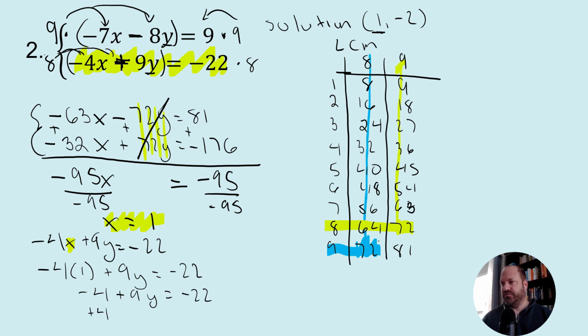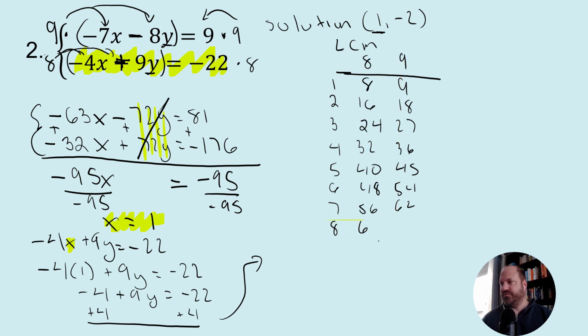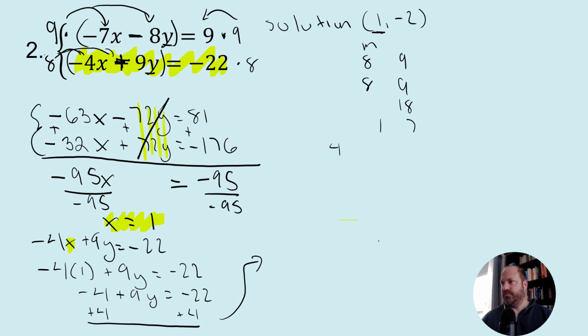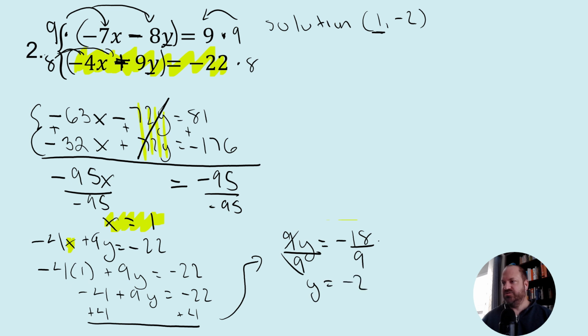Let's add 4. Add 4. Let me clean this up so we have a little bit more room over here. So I'll have 9y equals negative 22 plus 4, which gives us negative 18. Divide by 9, and we get y equals negative 2, which checks with the y value in our solution.